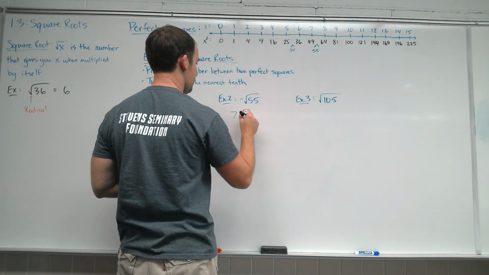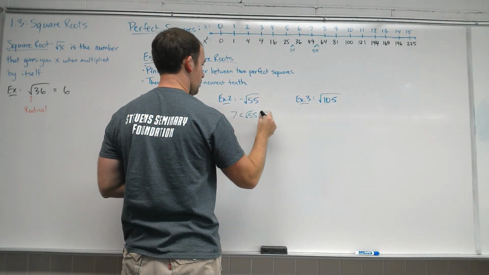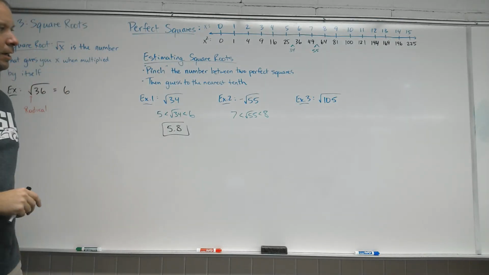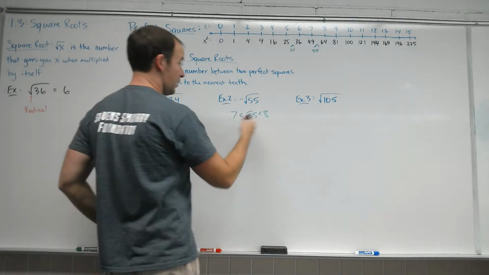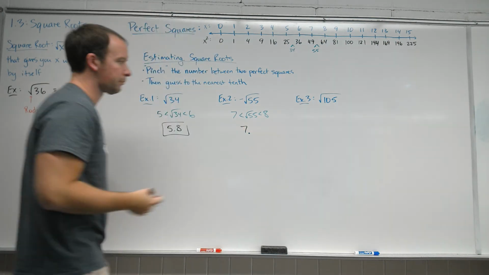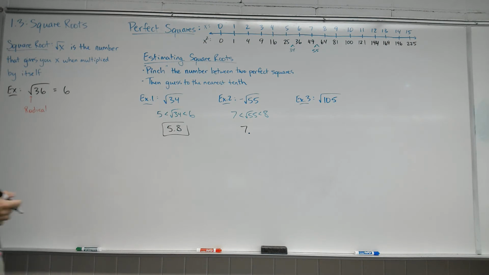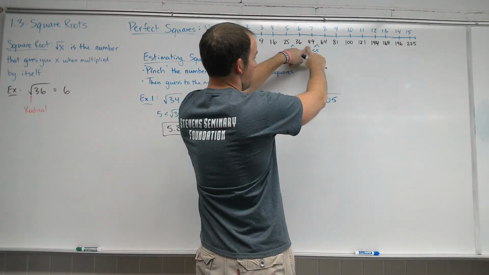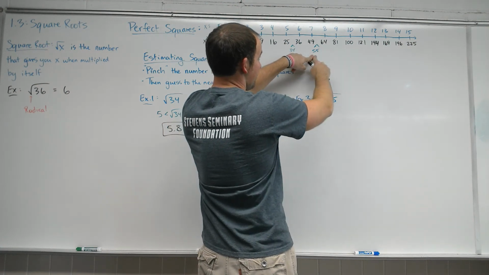So the square root of 55 is somewhere between 7 and 8. If I have a number that's somewhere between 7 and 8, that has to be 7 point something. Okay. And so I take a look and I say, all right, is 55 closer to 49 or is it closer to 64?